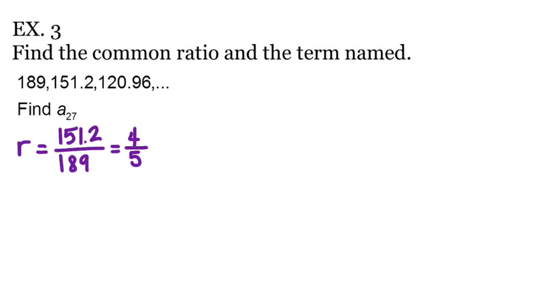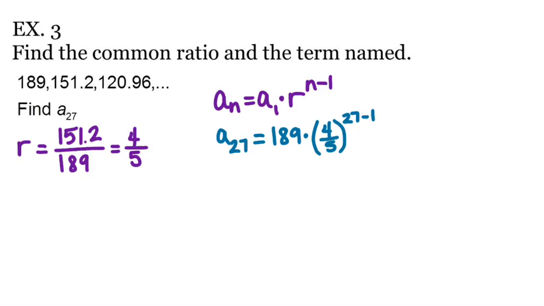So I'm going to use the explicit formula, a sub n equals a1 times r to the n minus 1 power. Since we're trying to find the 27th term, we have to plug in the first term, the common ratio, and 27 for n. So a sub 27, the 27th term, is going to equal 189 times 4/5 raised to the 27 minus 1 power.